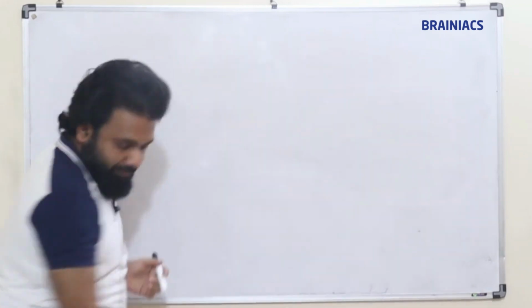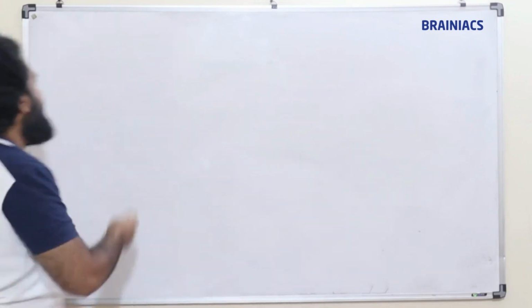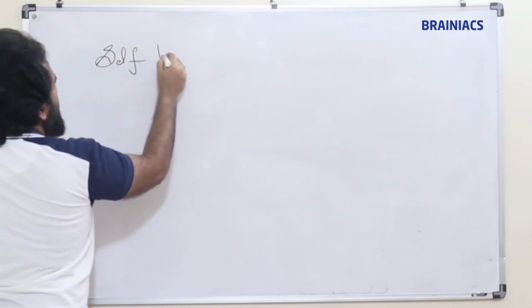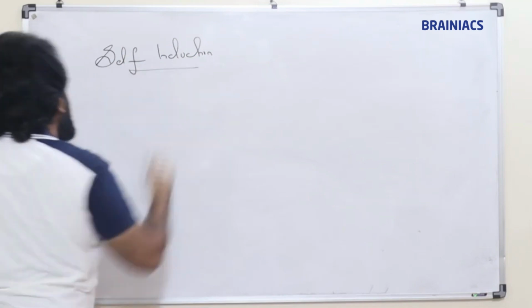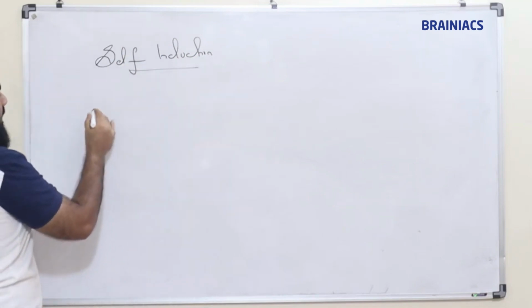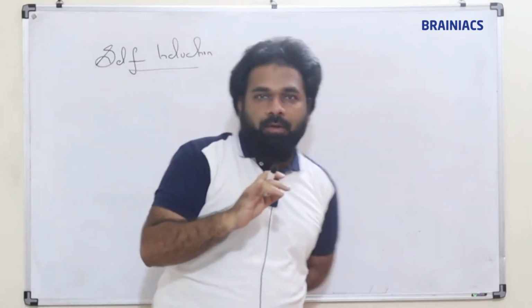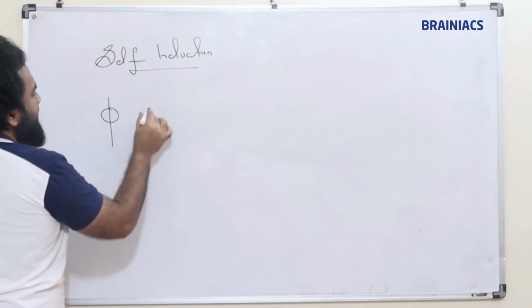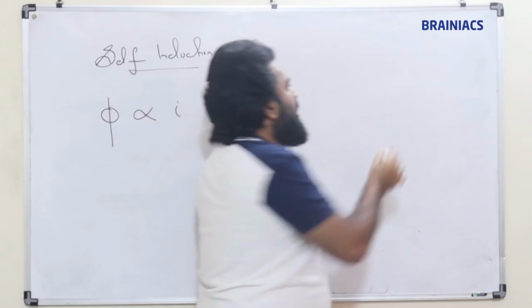Okay, so first we will discuss details about self-induction. So the first thing we can say is flux. Flux through a coil is directly proportional to the current passing through it.